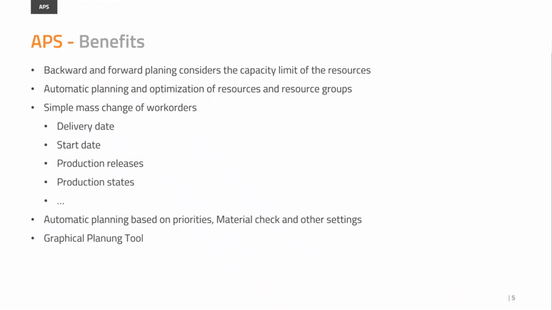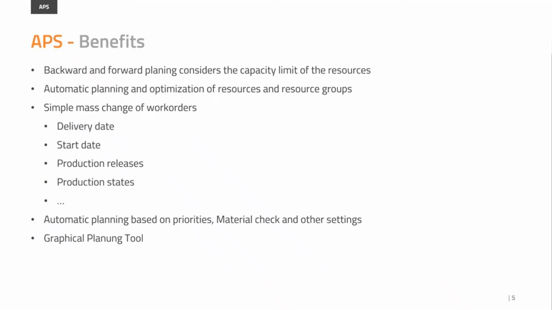Backwards, it will give me my latest production date. Backwards has a good point in keeping your stock low, because you don't have the work already done. But of course, forward is also a good way to have it really finished in time.